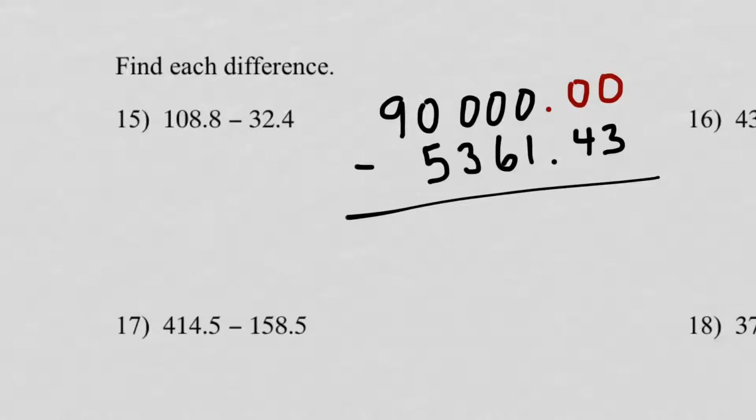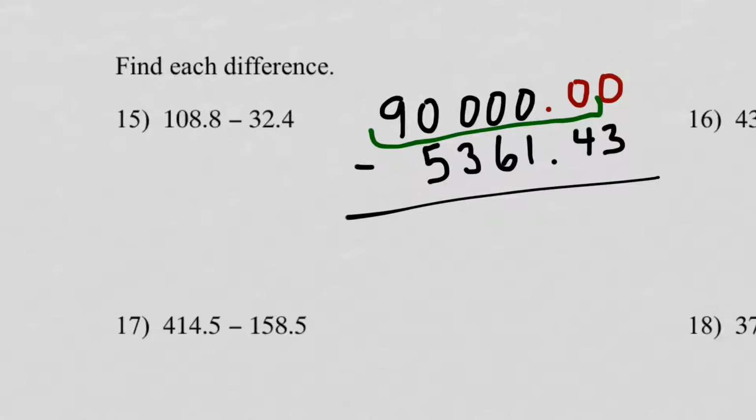Okay, and so let's go ahead and figure out 0 minus 3, we're not going to be able to do, and so we're going to look to the next column, which we learned before was a 0, and we're not able to borrow from nothing, so we look at the entire number itself, which I guess is 900,000 if you ignore the decimal place in there.